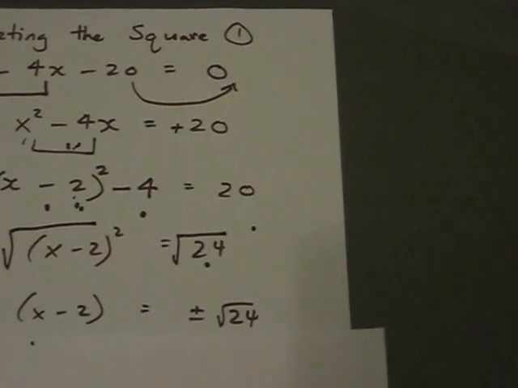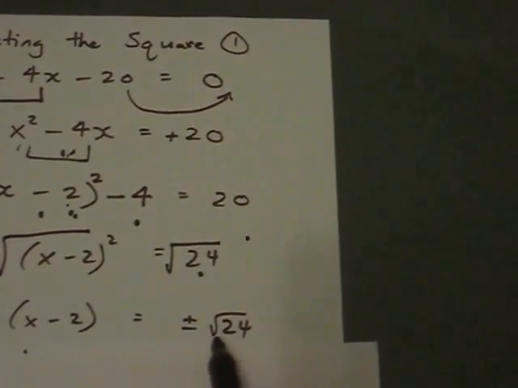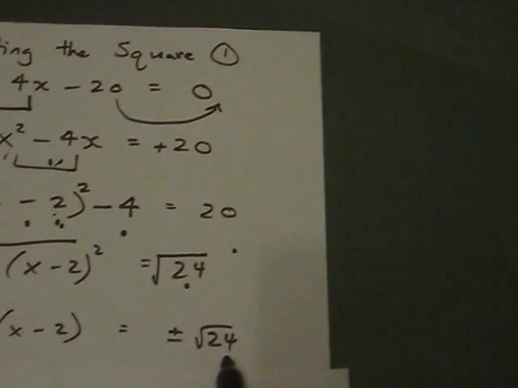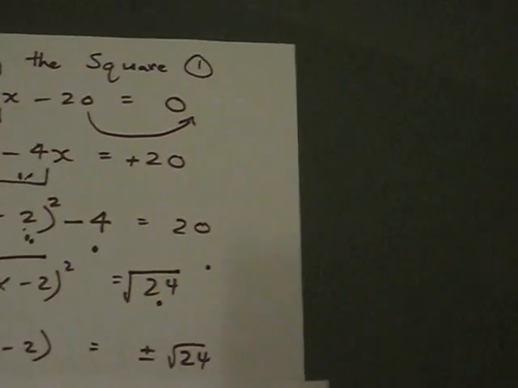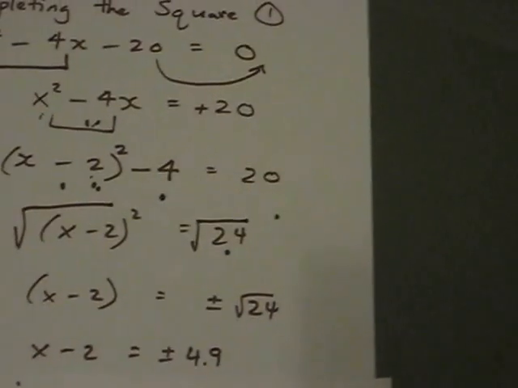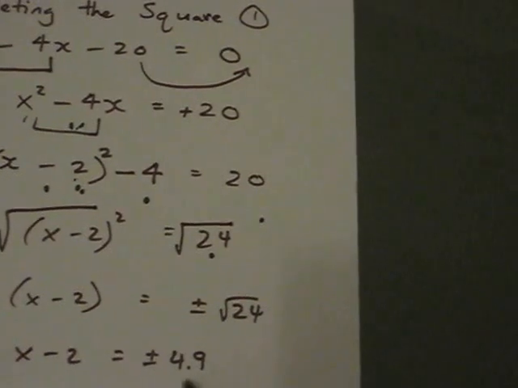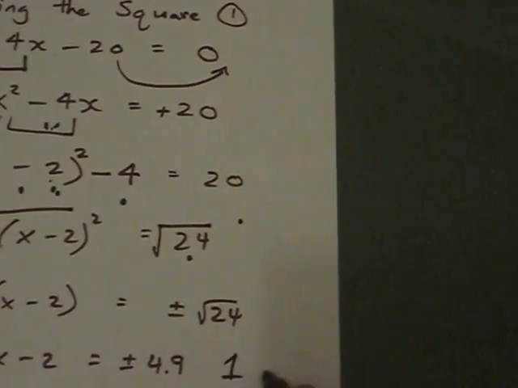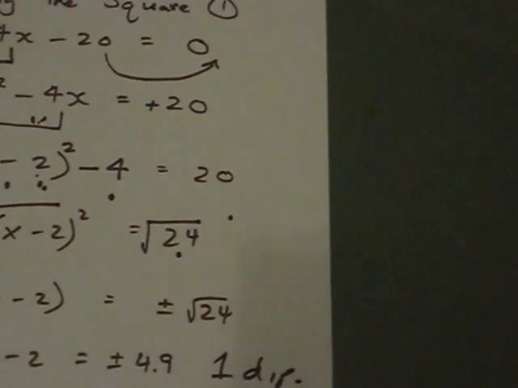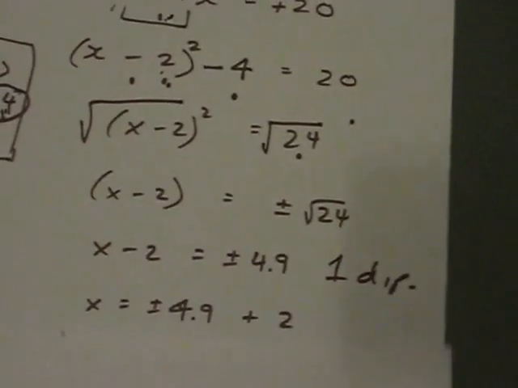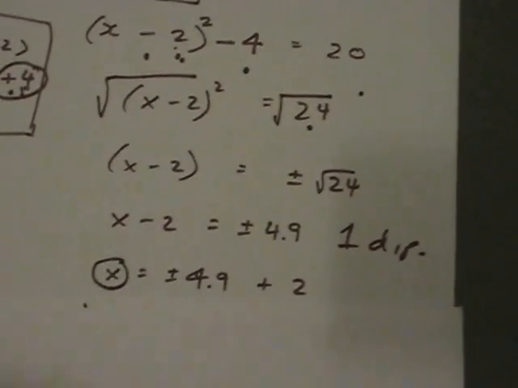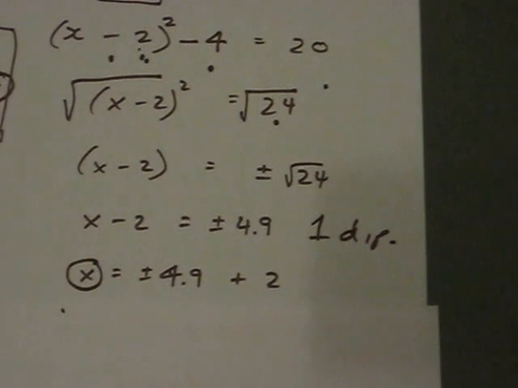So now you've cancelled the square, you've just got x minus 2 equals the root of 24. And now just add the 2 over, so let's just say that's 4.9 to 1 decimal place. Add the 2 over to the other side, and you have successfully isolated x.